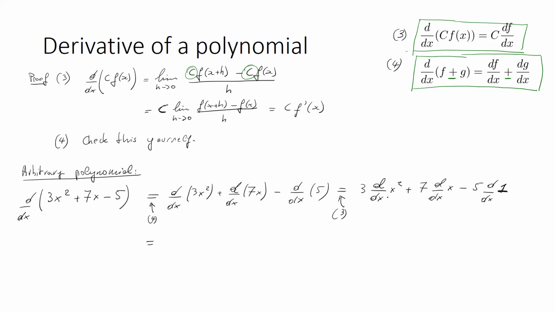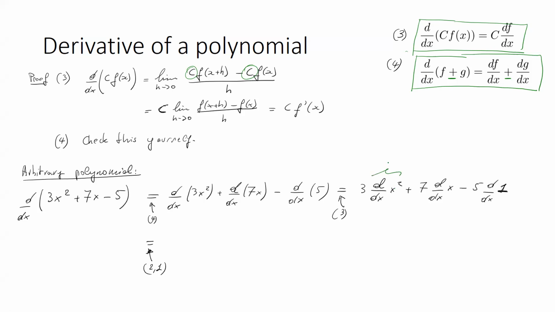Okay, and now we have d/dx of x squared, d/dx of x, d/dx of 1, or you could write this as x to the 0. Well, it's not, otherwise we'll run into a rule. And so now we use our rule number 2 and our rule number 1. So let's write it out first here.